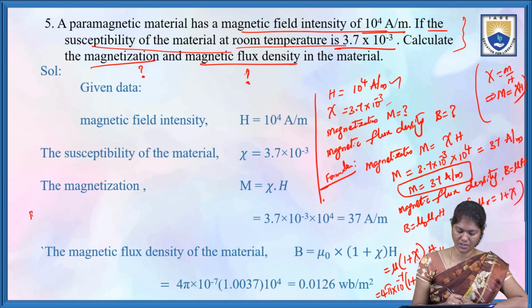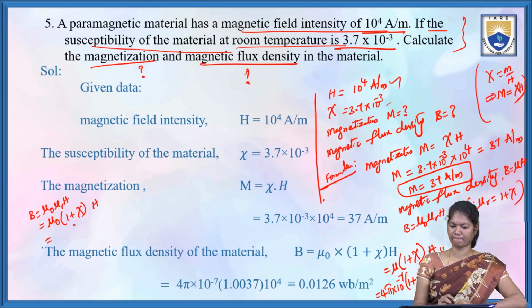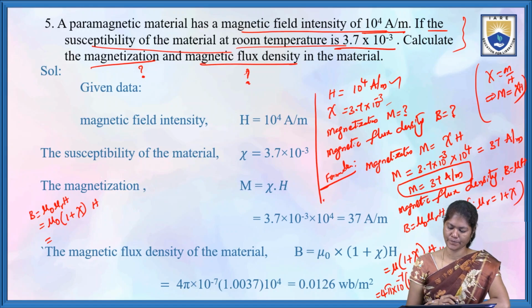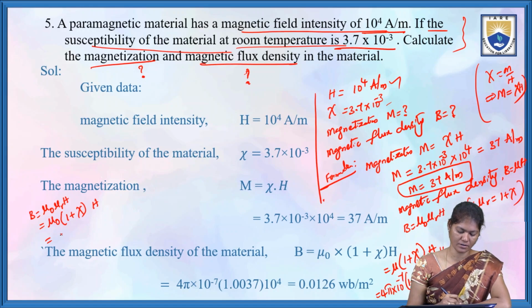So B is equals to mu naught mu r H. So mu naught mu r is 1 plus chi into H. So mu naught is 4 pi into 10 power minus 7 into 1 plus 3.7 into 10 power minus 3, H is 10 power 4.